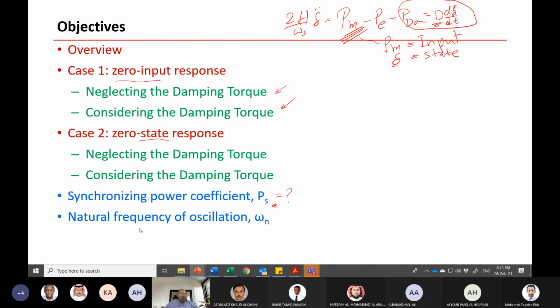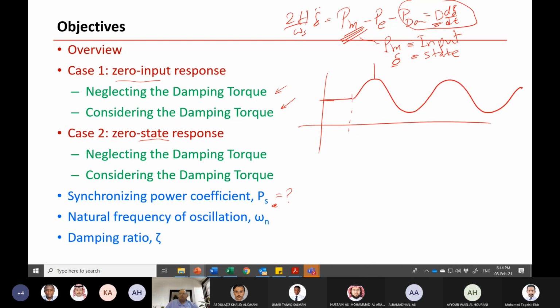We will also see the time domain responses governed by natural frequency of oscillation. As we mentioned earlier in that example, this is delta, and the fault occurs here, so delta oscillates.